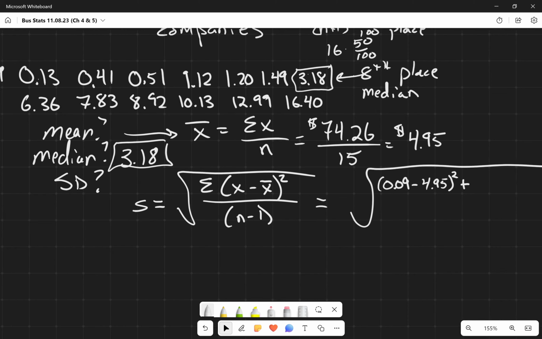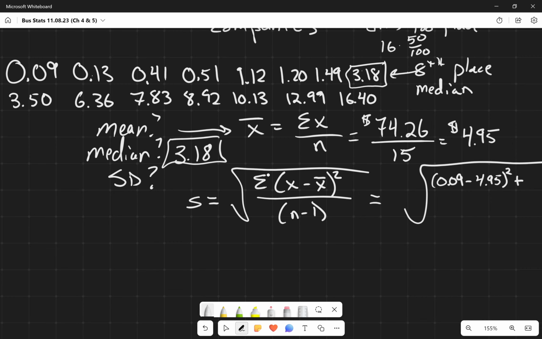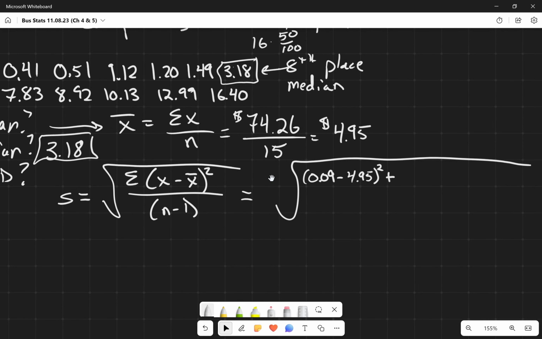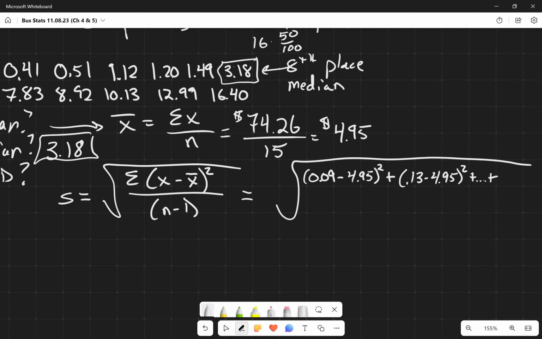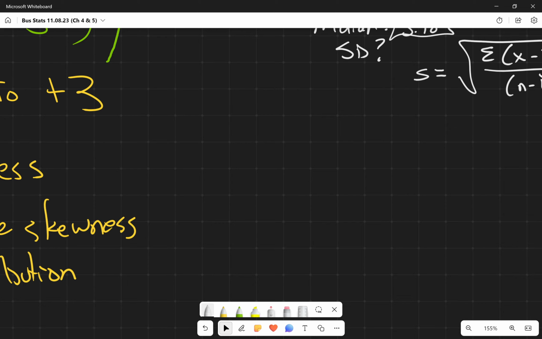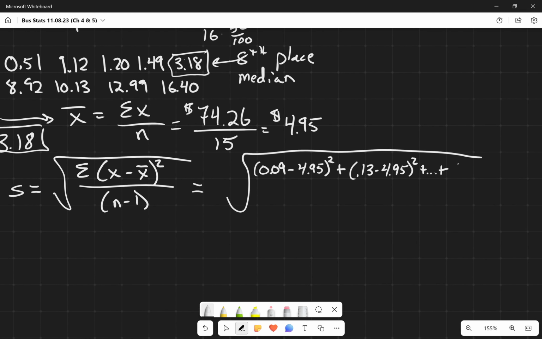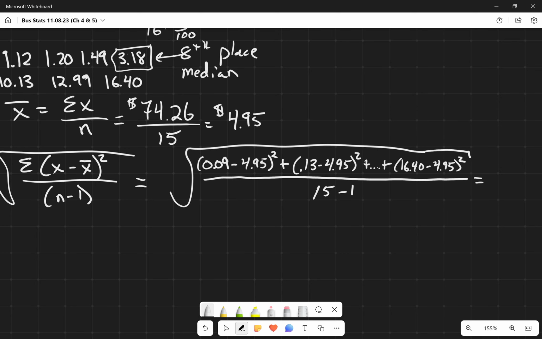Then we add the second one, 0.13 minus 4.95, and square that. And then dot, dot, dot, because we're doing all of them, until the 15th value, 16.40 minus 4.95 squared. Then we divide the whole top by n minus 1, and our n is 15, so it's divided by 14. When we calculate this all out, we find the standard deviation is $5.22.